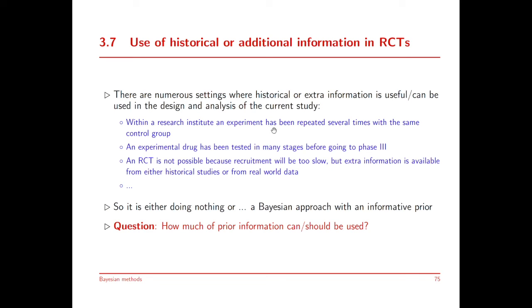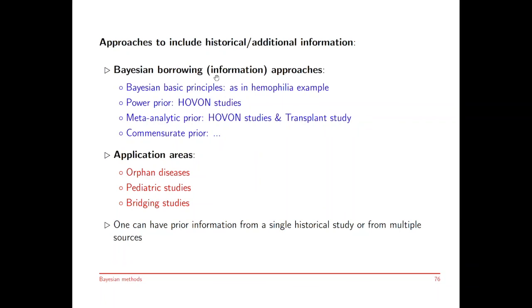How can we use that information? So this brings us to the question, how much prior information can and should be used? And this is the topic of Bayesian borrowing information approaches. So when you go back to the hemophilia example, this was an example of information borrowed from the past.